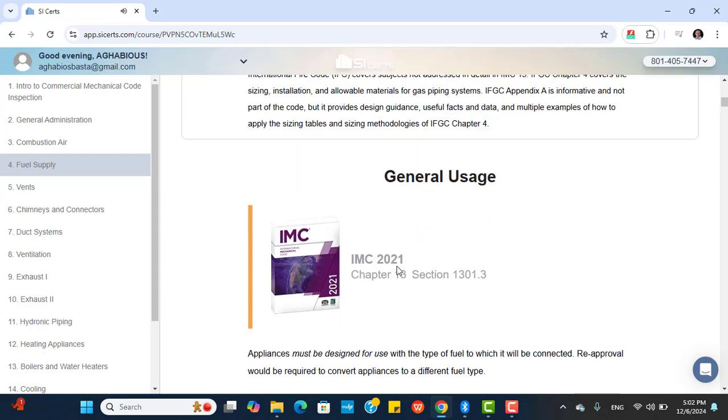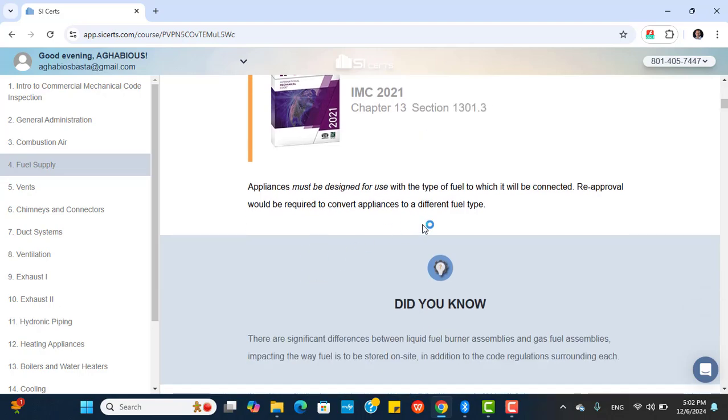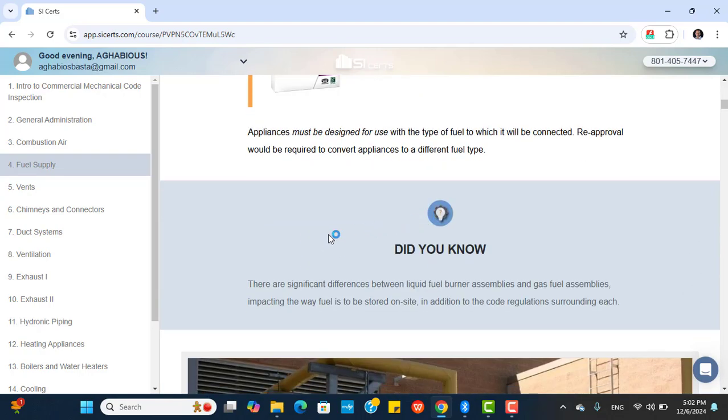General usage. International Mechanical Code 2021, Chapter 13, Section 1301.3: appliances must be designed for use with the type of fuel to which they will be connected. Reapproval would be required to convert appliances to a different fuel type.